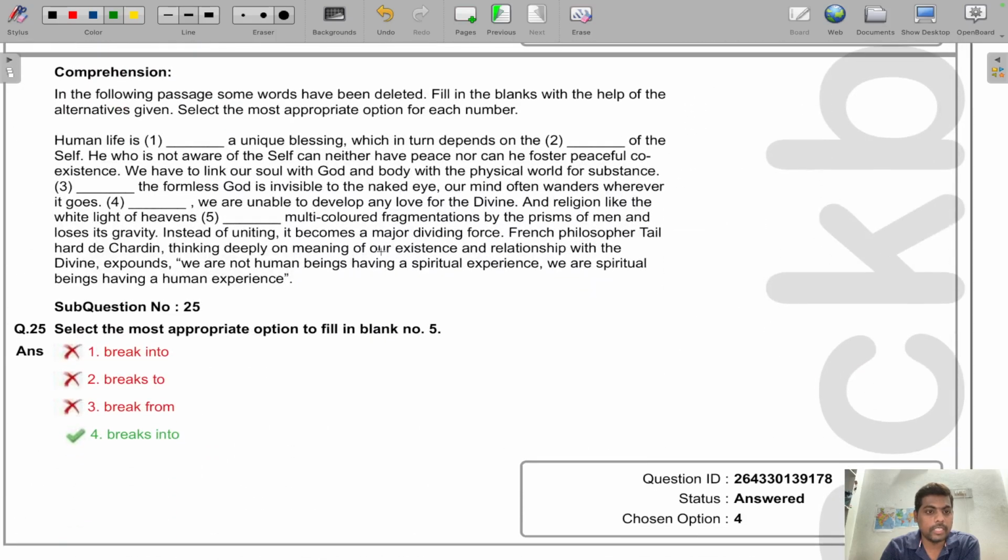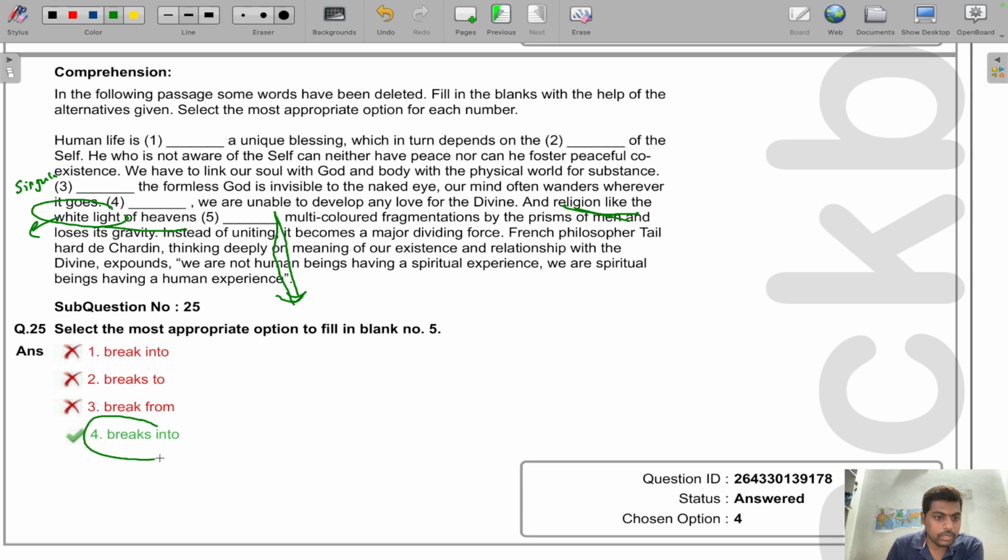Now if you go to the next one: religion, like the white light of heaven, dash multicolor fragmentation by prisms of man and loses its gravity. Guys, the options are breaks into, breaks to, breaks from, break into, break. Religion, like the white light, the white light is actually the subject here, so it is singular only. So definitely whatever comes should be a singular verb.